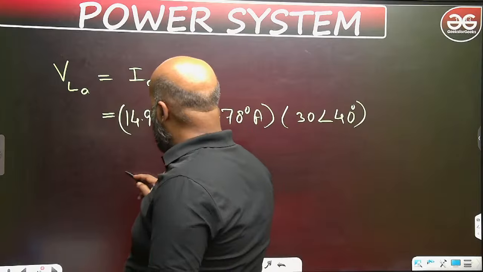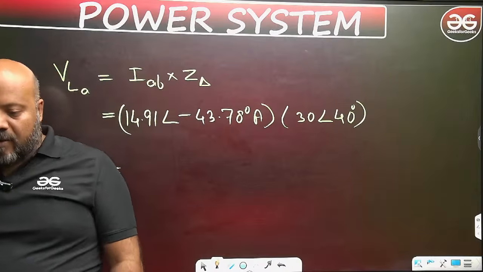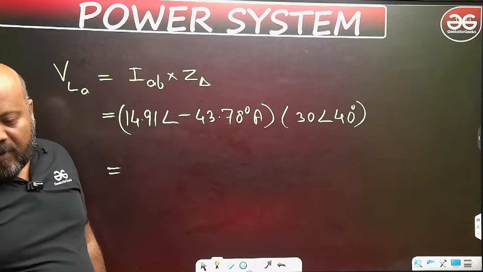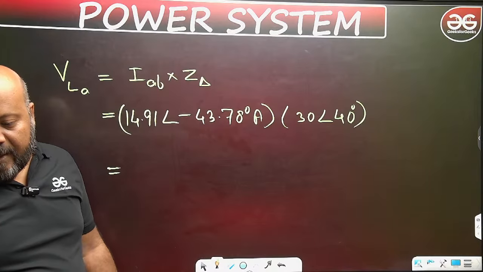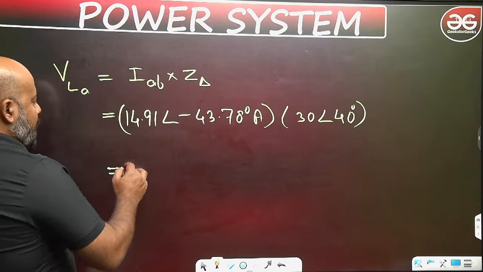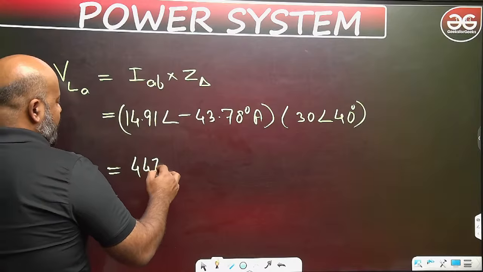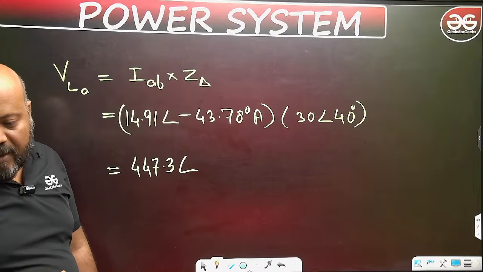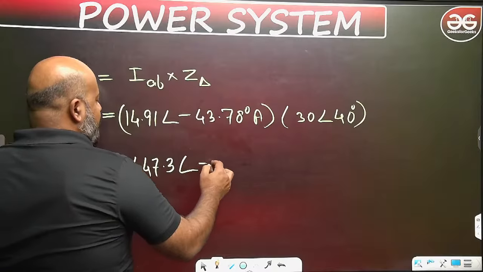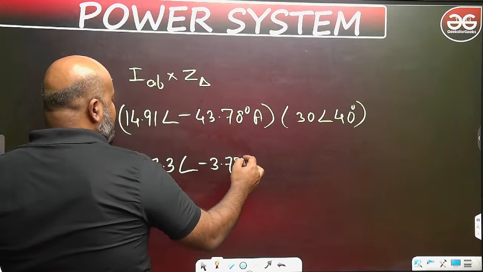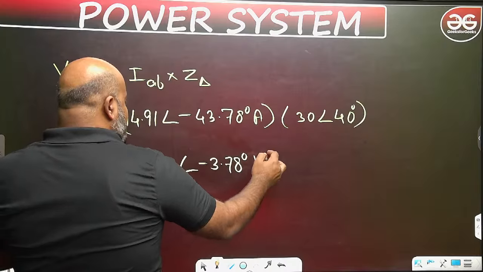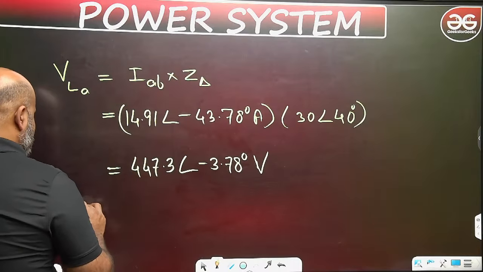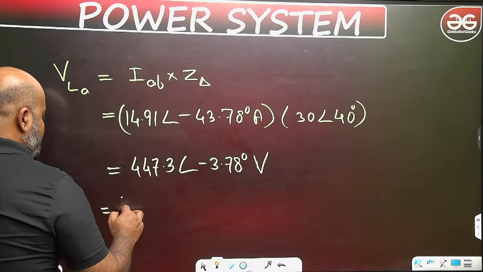You will get the terminal voltage for A phase as 447.3, and the angle you can check, it is minus 3.78. And the moment you get the terminal voltage for A, you can write terminal voltage for B.